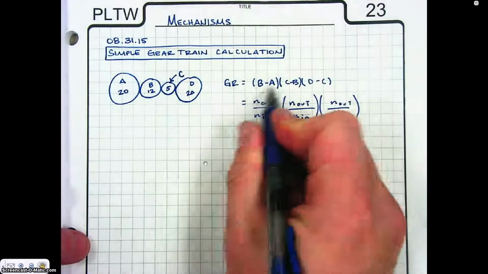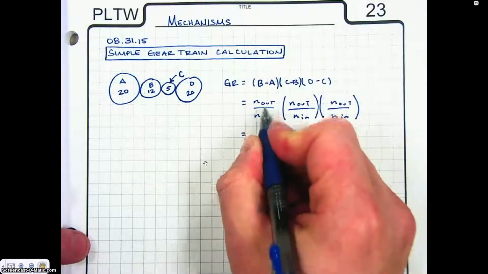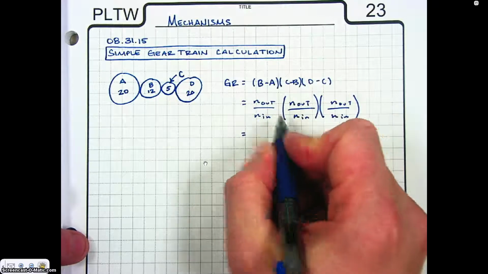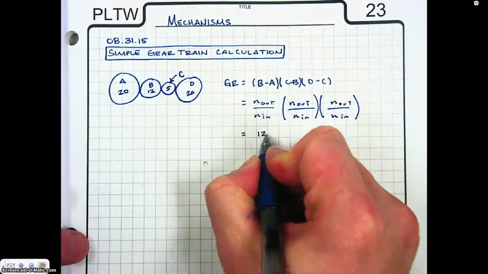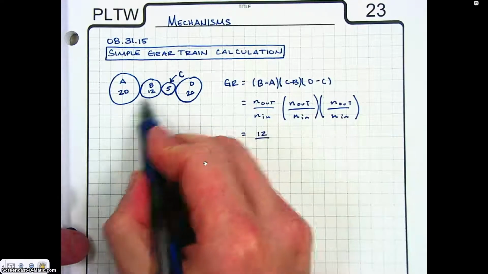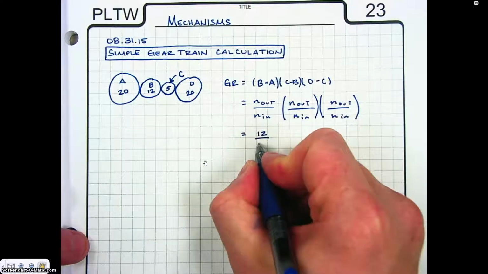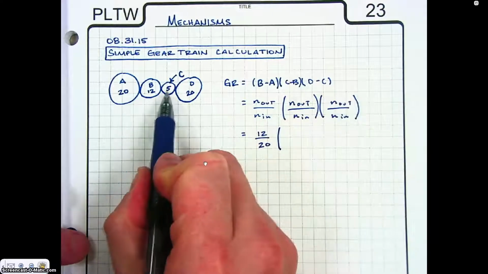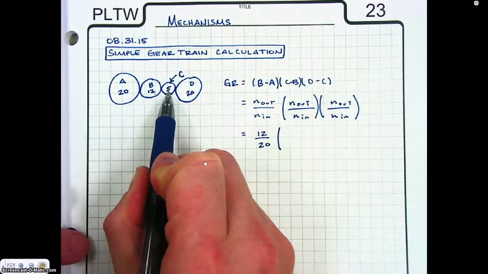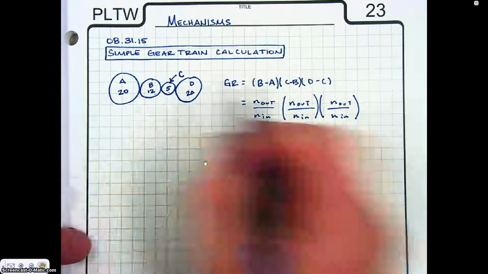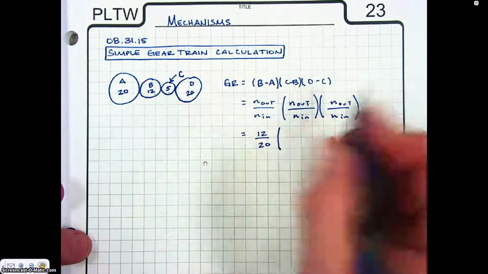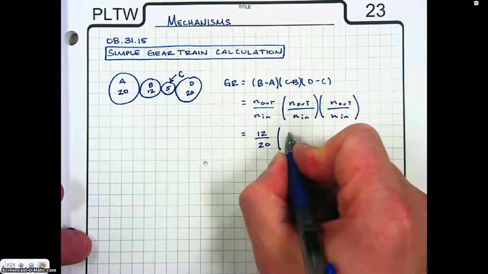So from B to A, number of teeth out is 12. Number of teeth in is 20. Multiply that by C to B, and so output over input if A is the driver gear. So C to B would be 5 to 12.